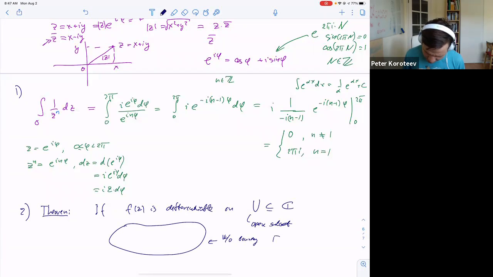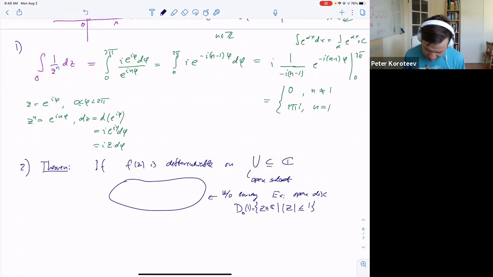Right. So for example, the open disk is the set of z such that the absolute value of z is less than 1. Right? So it's z in the complex plane, such that there's a sort of open disk centered at 0 with radius 1.